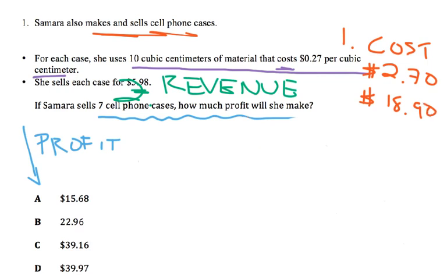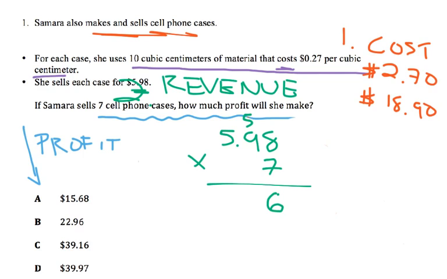Next. So now we know the total cost. And next we've got to figure out her revenue. So Samara chose a price of $5.98, and she sold 7 cell phones. So now again we have to do decimal multiplication. 7 times 8 is 56. Bring up the 5. 7 times 9, 63.